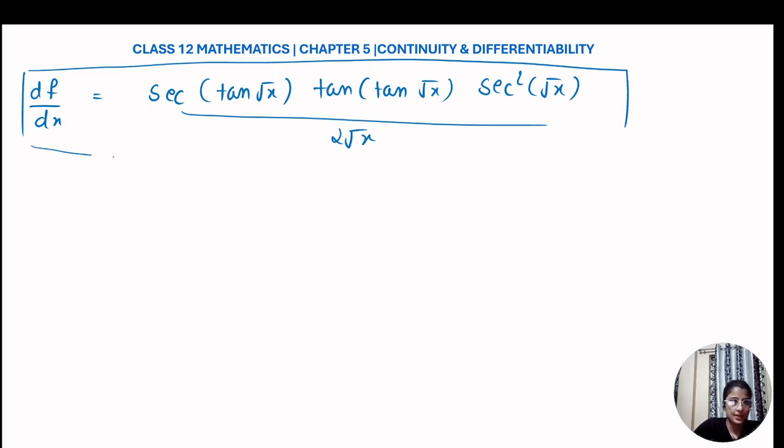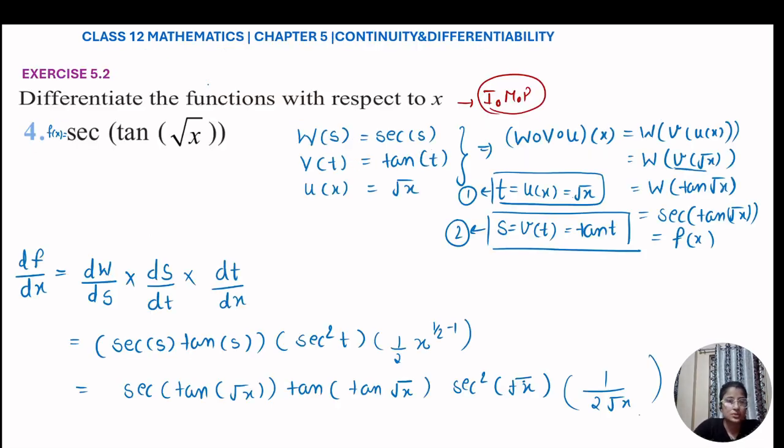If you think this is very lengthy to find the differentiation in chain rule, what I'm giving you is a hint. Find your outer differentiation, that is sec x differentiation. We know that the sec x differentiation is, should I write? Yeah, I will write it here. So our sec theta, its differentiation is nothing but, sorry, sec x.